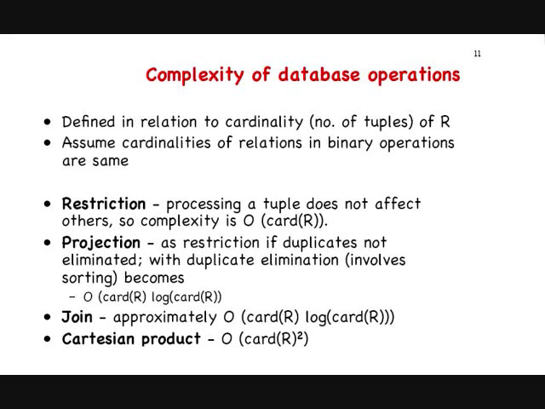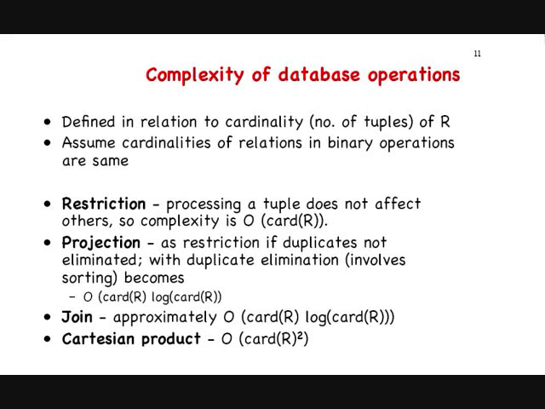Processing one tuple doesn't affect any others. It either meets the criteria or it doesn't. So the efficiency of a restriction is simply the cardinality of the relation being worked on. That's easy, number of records, great.